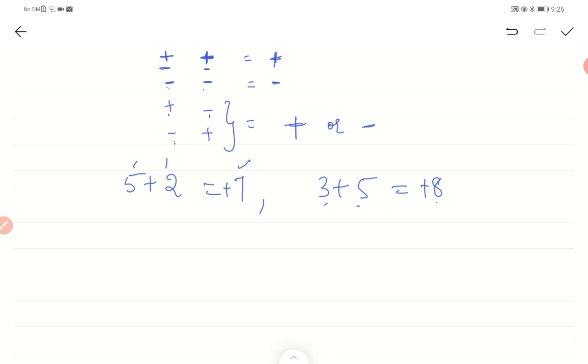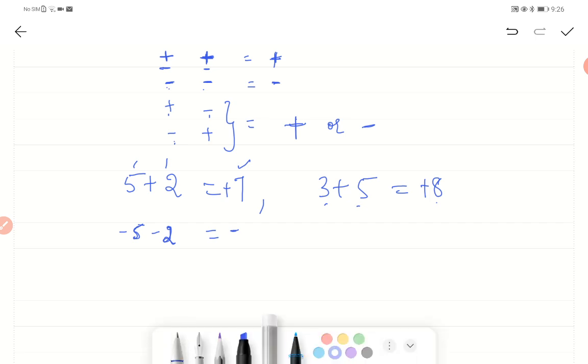Now if I take two negative integers, let's take the same numbers, minus 5 minus 2. Okay, so when you have two negative integers, you will add them, but the sign will be minus. Sorry, I will write this in this manner.